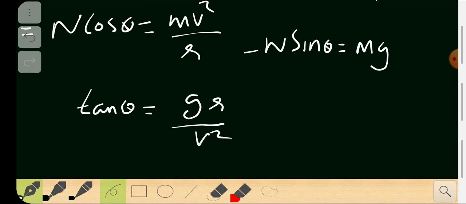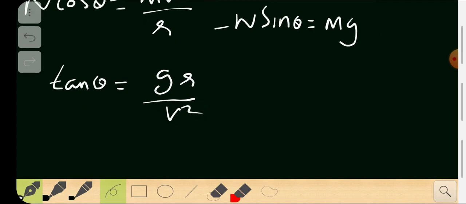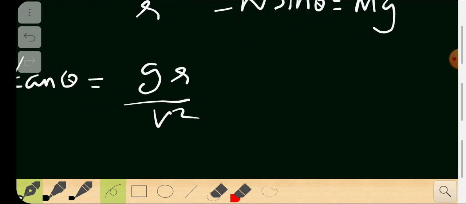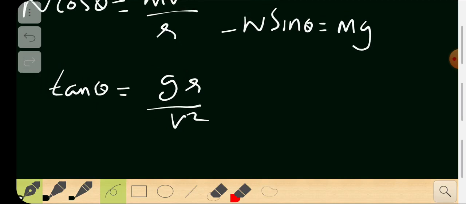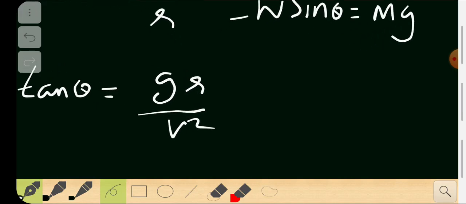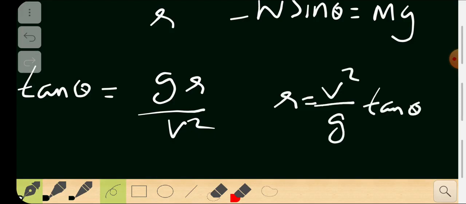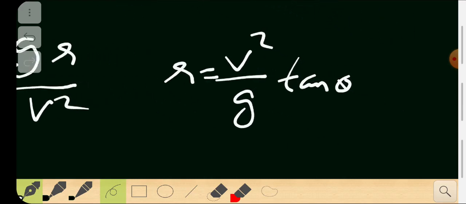So that's tan theta. So you can write down that r must be equal to, there's a minus sign but it shows the direction, so I am not taking care of that because I want the magnitude, the angle here. So you get r must be equal to v square by g tan theta, simple as that. So we found out r.